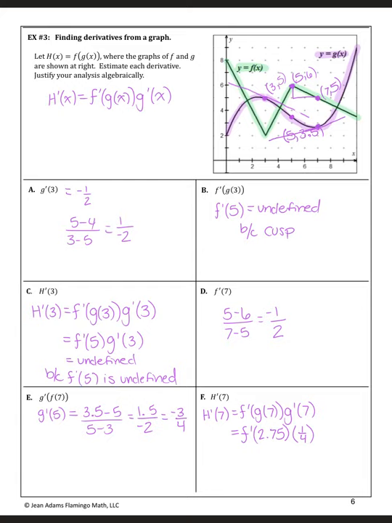So then f prime of 2.75. So if we look at the graph of f, 2.75 is probably about right there. So luckily this is a straight line.